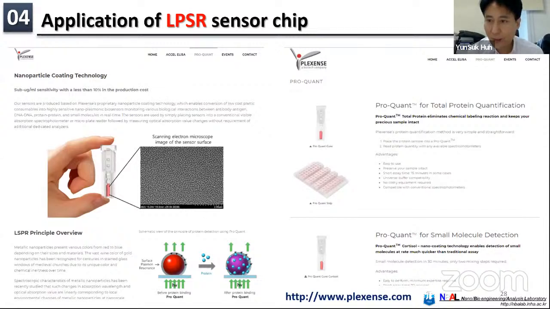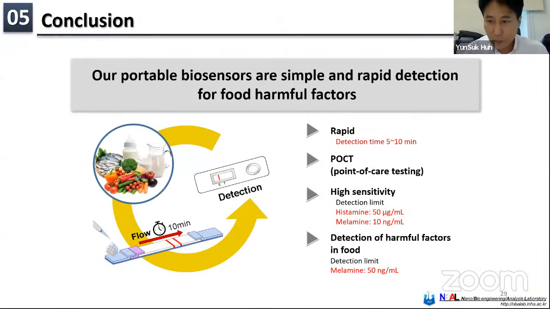This company keeps developing plasmon active sensor devices for detection of disease and harmful substances from water, food, blood and urine samples. So they keep trying that. They will give us some comments and advice to modify and develop portable sensing techniques based on plasmon active substrates. And this slide shows their conclusions.